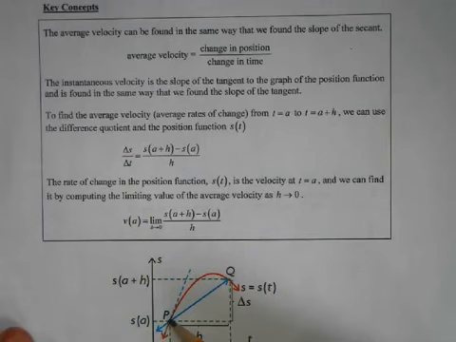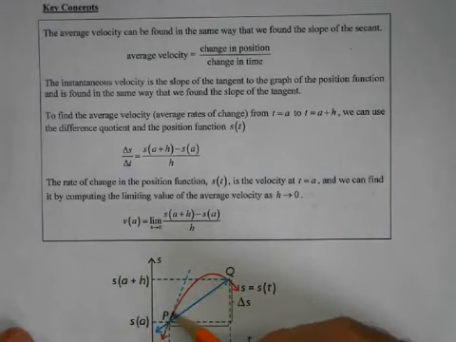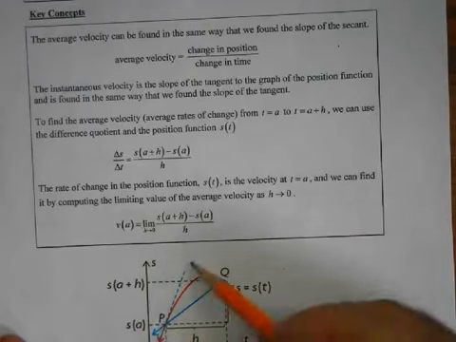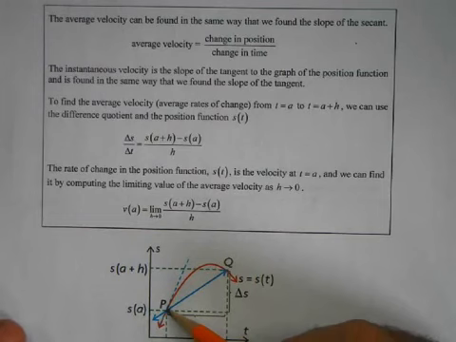In advanced functions, we simulated it by taking a point that was like 0.01 away and finding the slope of that line, which is really close to the slope of the tangent. But in calculus, we're going to be more exact. We're going to find that exact rate of change at that point. So instantaneous rate of change relates to the slope of the tangent at that point P.